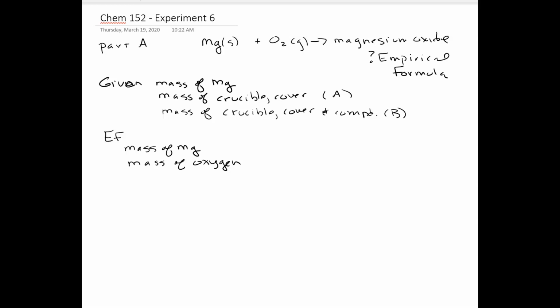We already have the mass of the magnesium because that's given. The mass of the oxygen is going to come from the mass of the compound minus the mass of the magnesium.